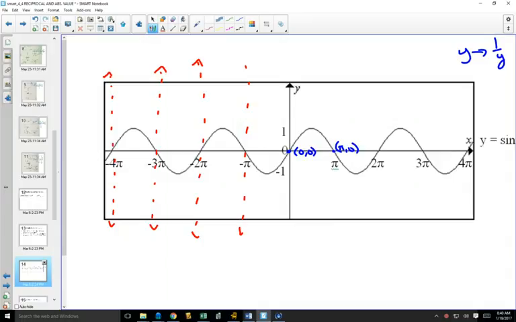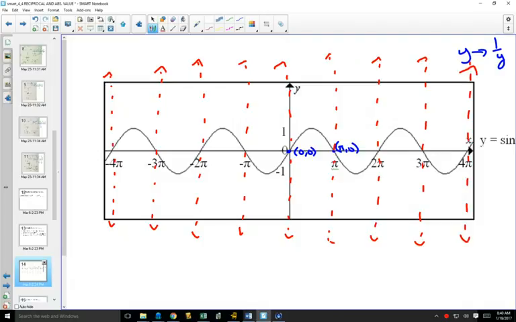So we're going to have a bunch of them here. Negative 2 pi, negative pi, 0, and we can label them all: x equals negative 4 pi, x equals negative 3 pi, and so on. So we notice that our asymptotes for cosecant are exactly at the same place as we have zeros for sine.